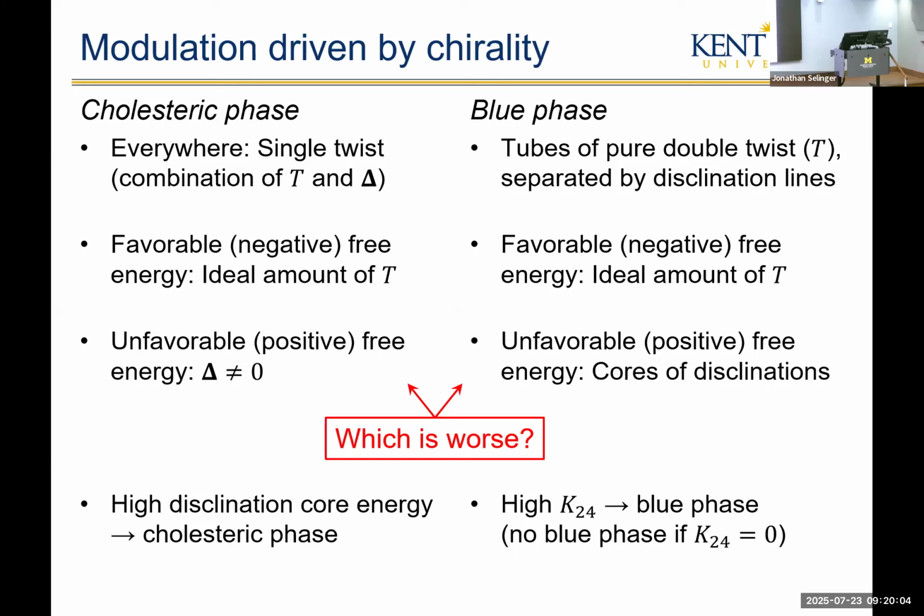In the blue phase, you don't need the delta mode, but you do need all these disclinations, which cost free energy. So the question is, which is worse of those two things? And depending on energetic parameters for the liquid crystal, either of those things might be worse, which is why both of these things occur in experiments. Okay.